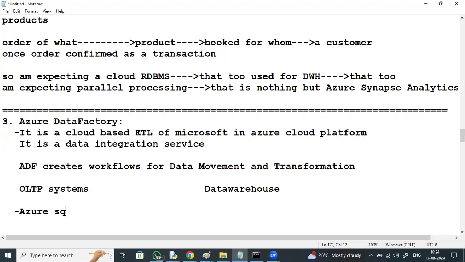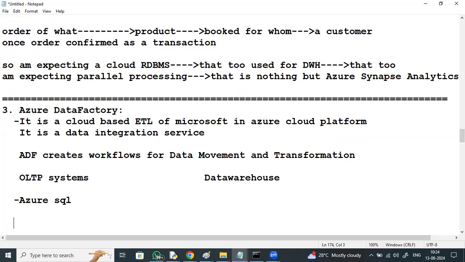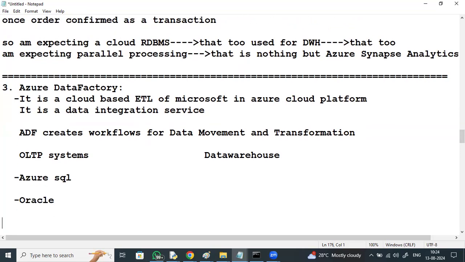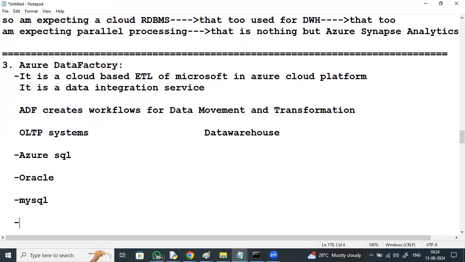Azure SQL is one, and the other on-premises ones like Oracle, MySQL, and MongoDB. These are OLTP systems. And then data warehouse systems.